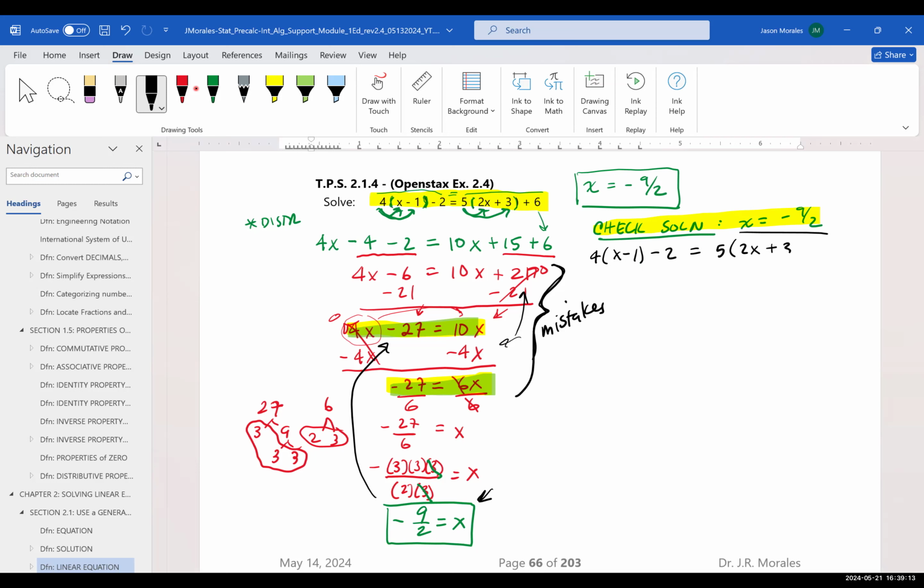As laborious as that may be, it's still the best shot that we've got. All right. So everywhere we find an x, we're going to put -9/2 in its place. So 4 times (-9/2 minus 1) minus 2 is equal to 5 times (2 times -9/2 plus 3).